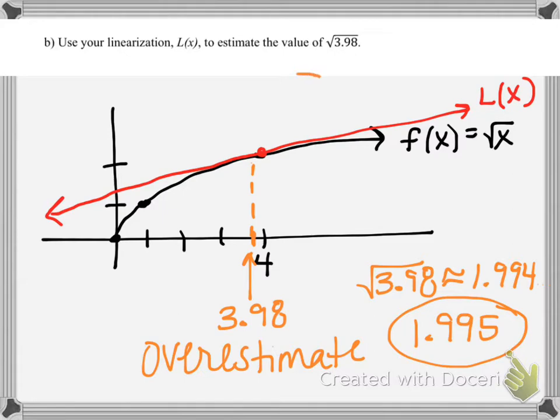Again, that is because our tangent line lies above the curve here at this particular point. Depending on what your function is, sometimes your linearization may be an overestimate, but sometimes it may be an underestimate of the actual value. That varies depending on your curve at that specific point you're analyzing.